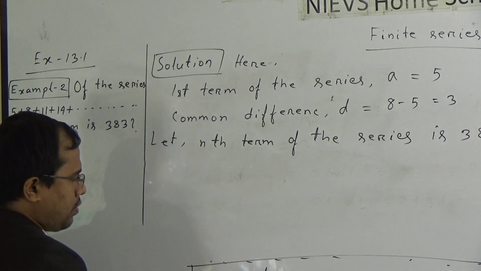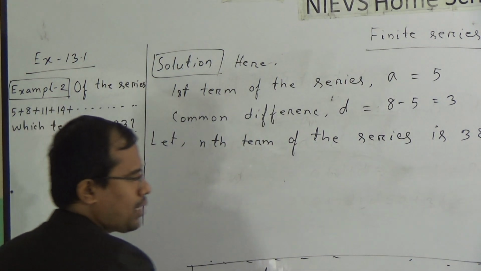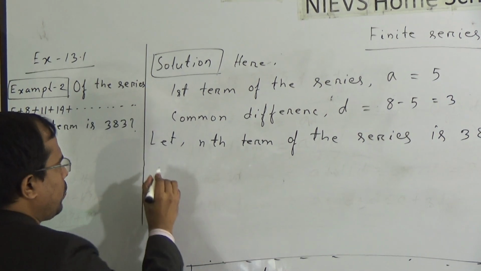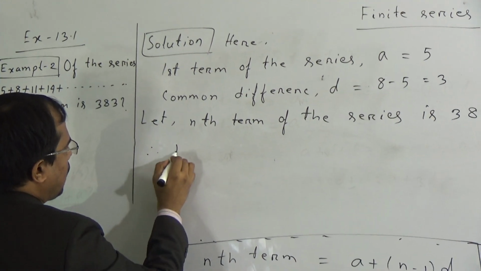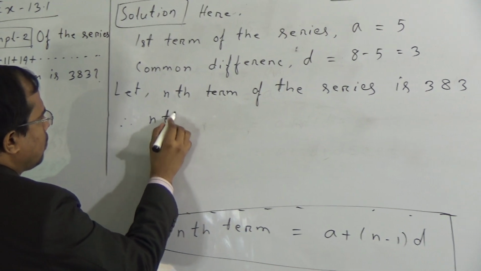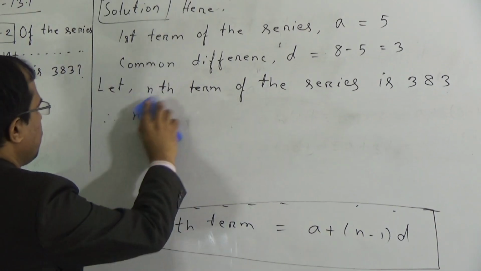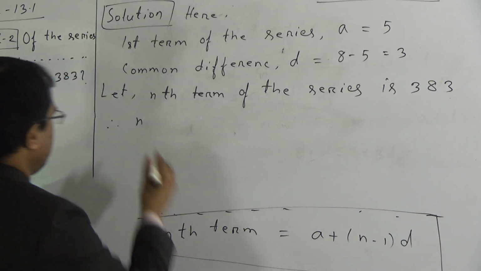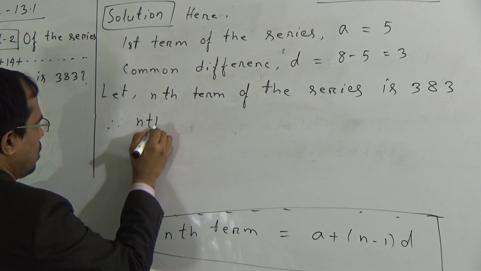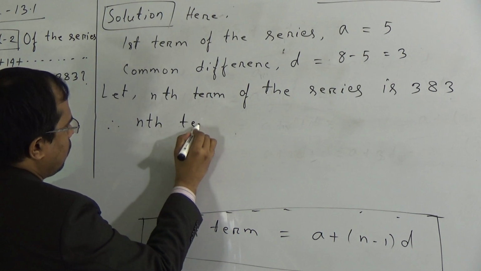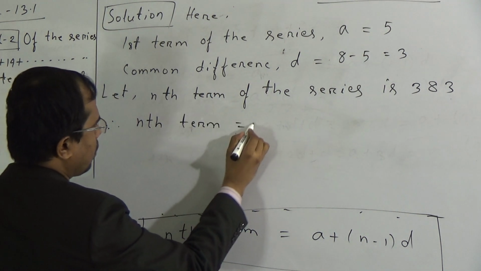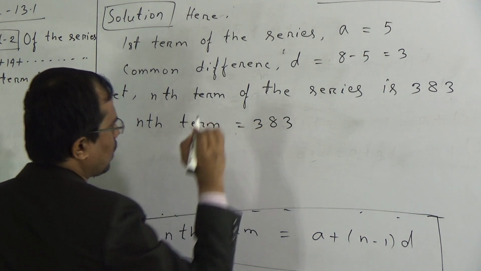Now we know that nth term equal to a plus n minus 1 into d, so we will write nth term equal to 383.